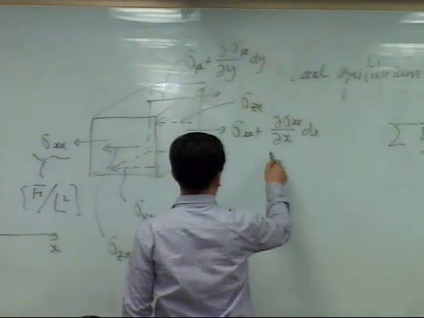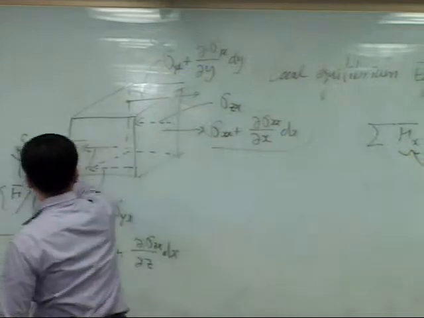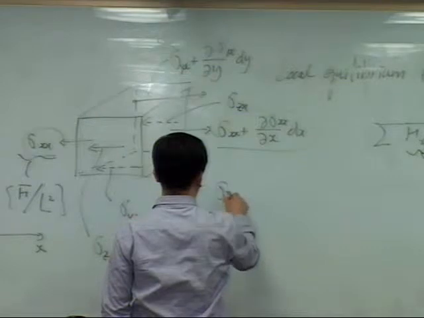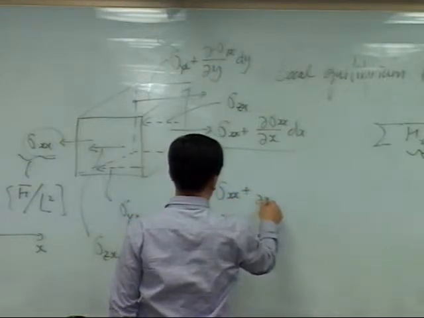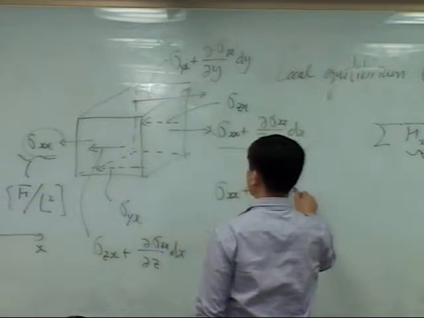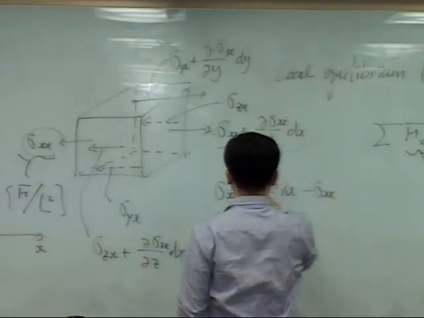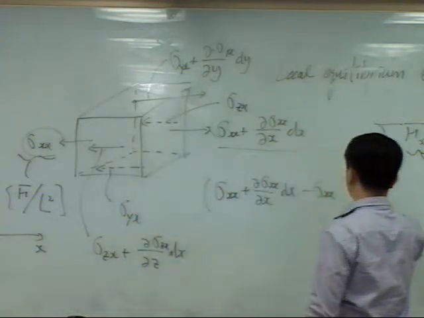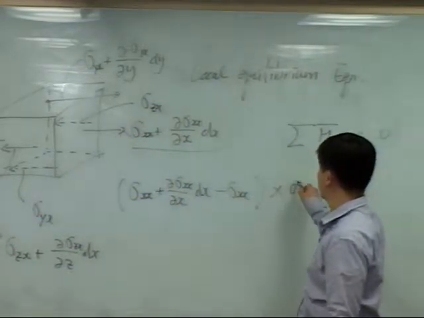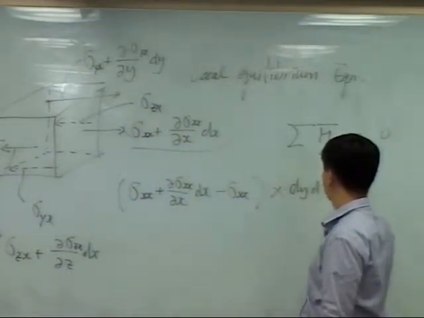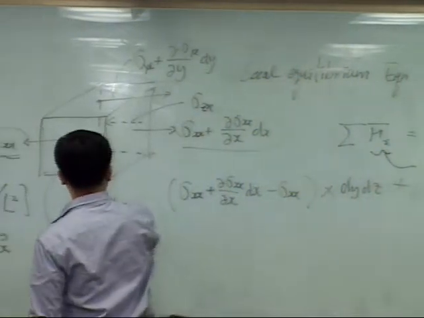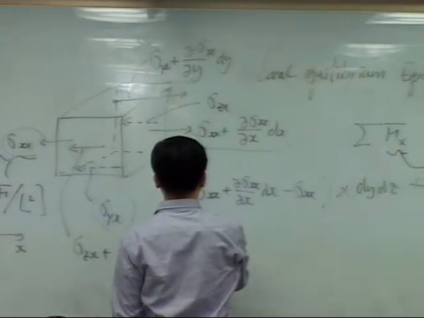Let's see the component, this one and this one. Then this will give sigma xx plus partial sigma xx dx minus sigma xx, and what's the area? dy dz. And plus, this one and that one, the stress at the top and bottom.